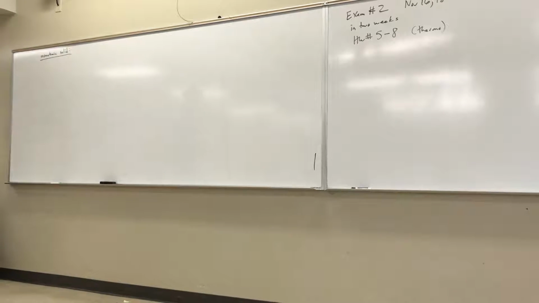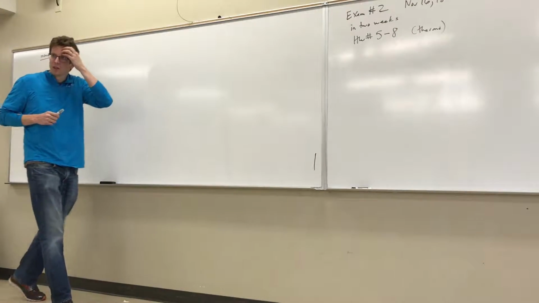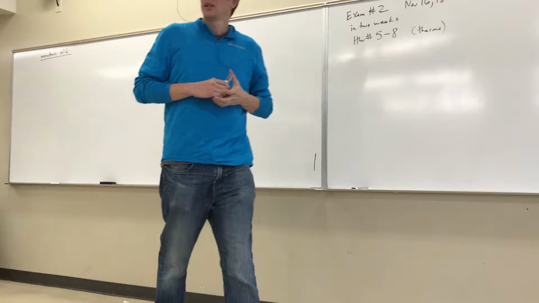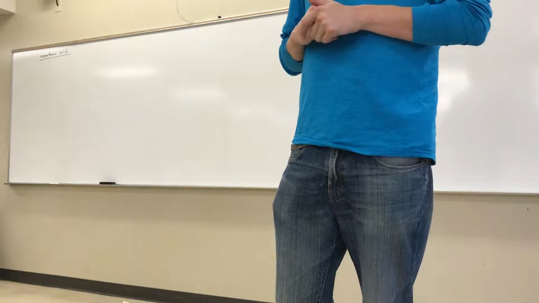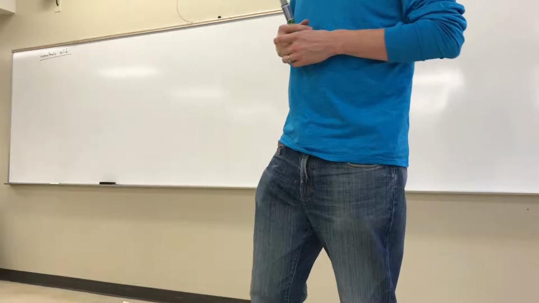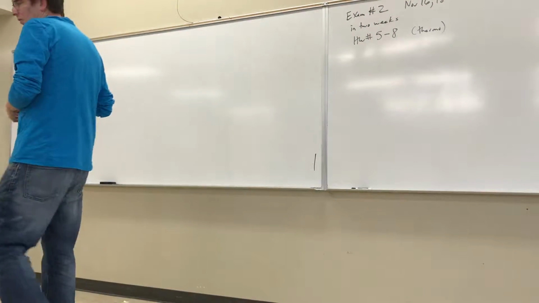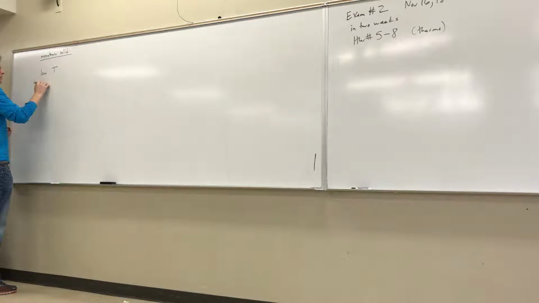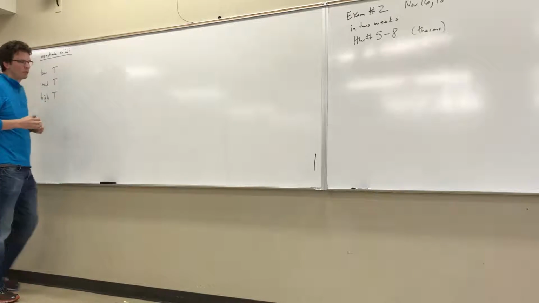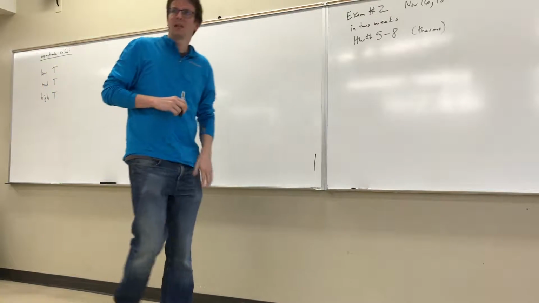Okay, so let's just jump right in. The last thing we have to do to predict the heat capacity of a monatomic solid by way of counting the degrees of freedom. So let's do that. So again, we have 3 different temperature regimes: low, medium, and high.